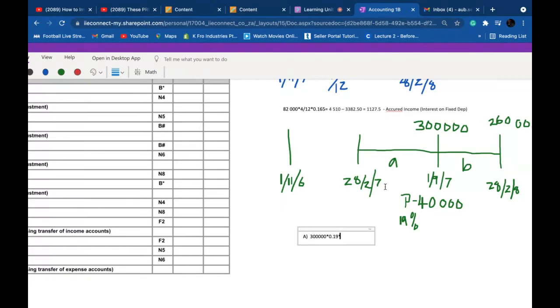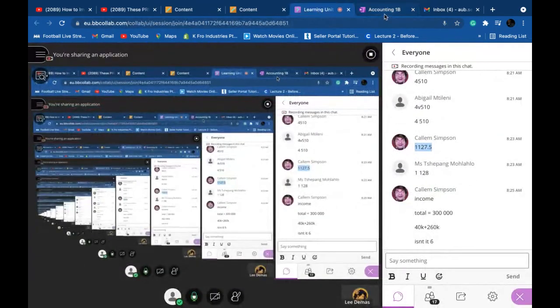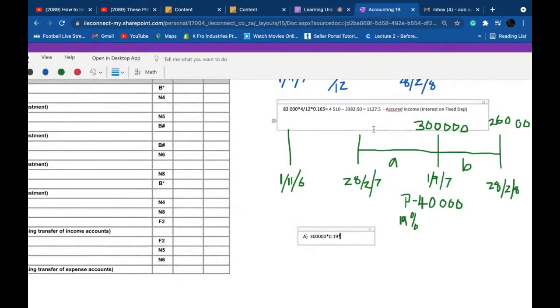Am I right? I'm not sure if I'm right there. Let's recount, because I wrote down 6. That's why I'm second guessing myself here. So let's recount.